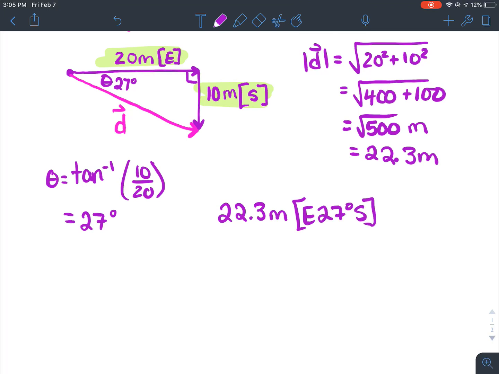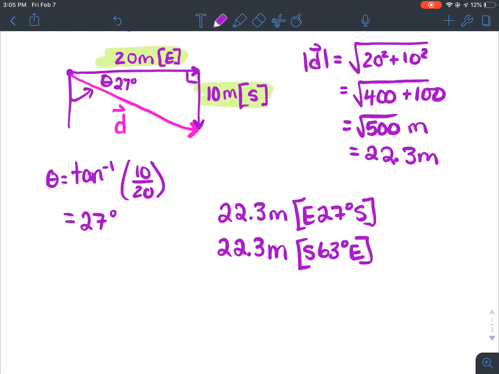I know I said to always put south or north first, so if you want to change it, you can say 22.3 meters, and then maybe we just want to say, what's 90 minus 27? 63? South, 63 degrees east, if we figured out that angle. Okie doke. So that's a straightforward one for adding vectors.